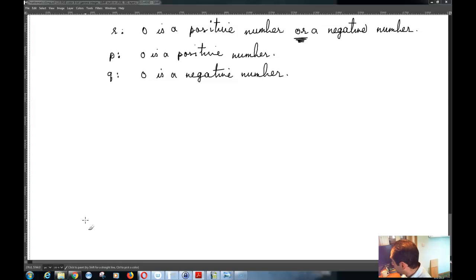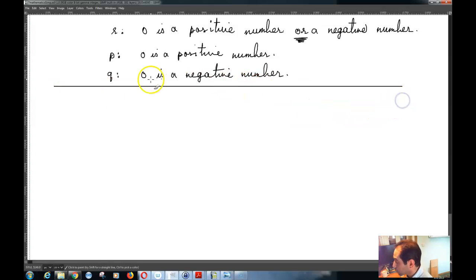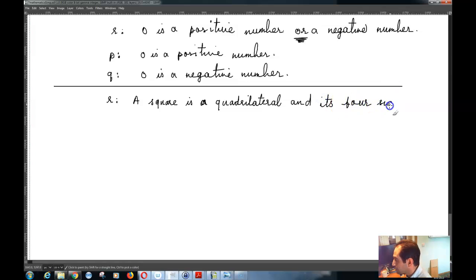For example, statement number 1, let's call it R: a square is a quadrilateral and its four sides are equal.